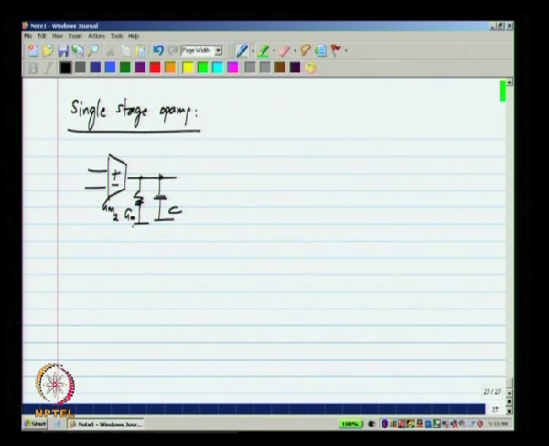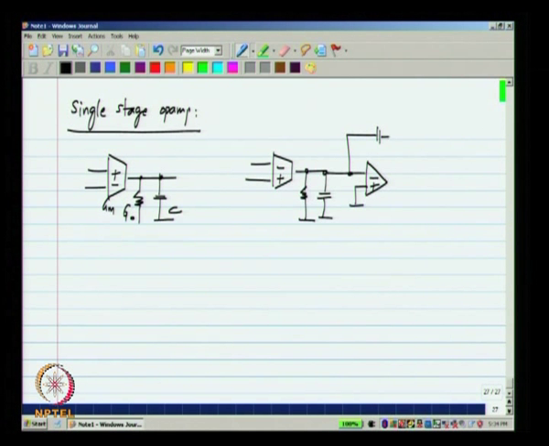Let me just name them, or let it be like this. Now, the two stage op amp, what did I do? I tried to make it better by using a current controlled voltage source instead. I wanted this to be an ideal op amp, but clearly that is not possible.